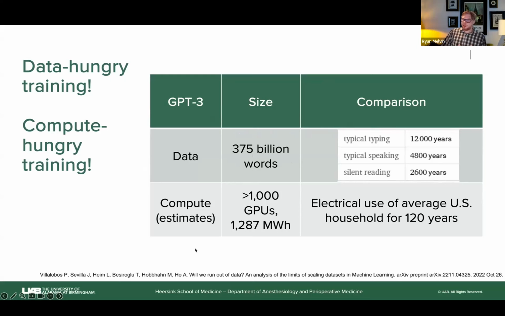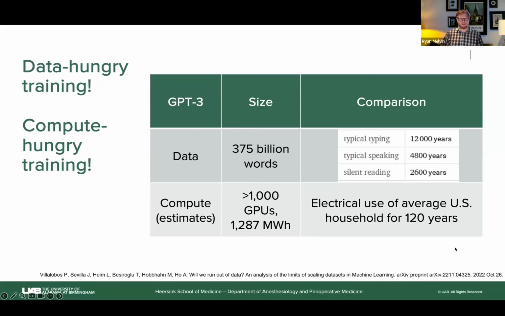It's not exactly known because OpenAI has been a little bit cagey, but it's estimated that about 1,000 GPUs and about 1,300 megawatt hours of electricity were used to train GPT-3. That's the electrical use of an average US household for 120 years. Most computers have 1 or fewer GPUs, and so this is about 1,000 typical computers.